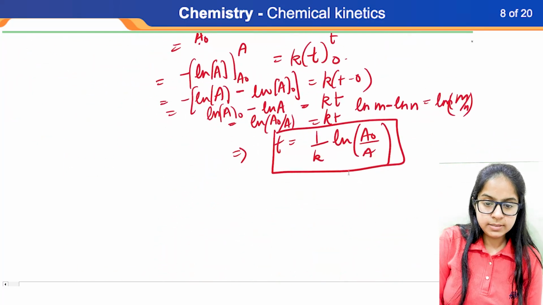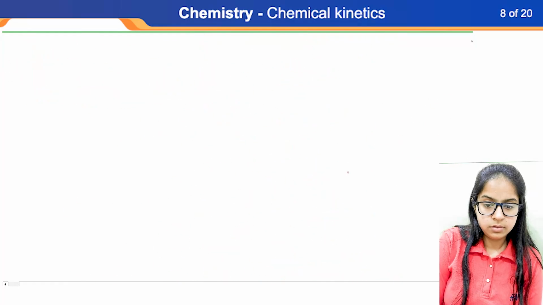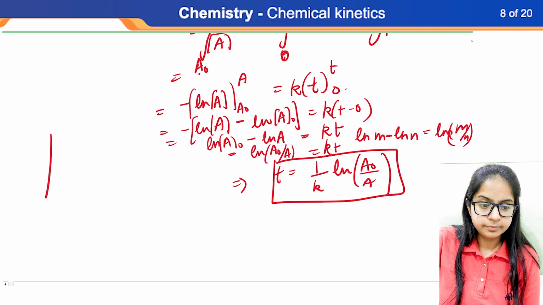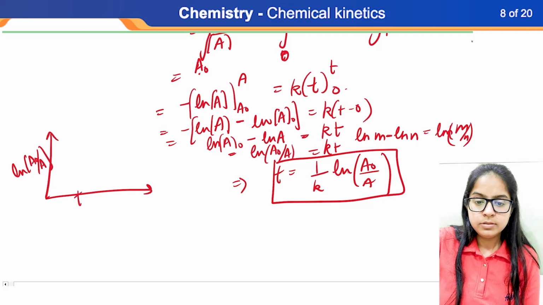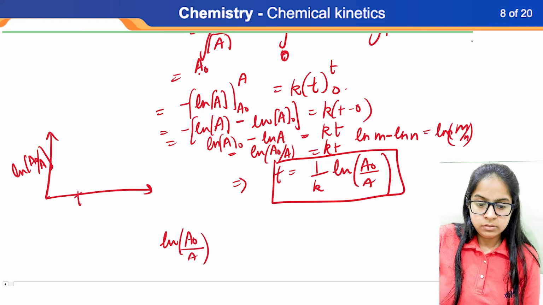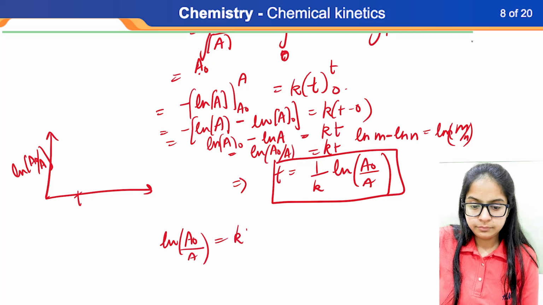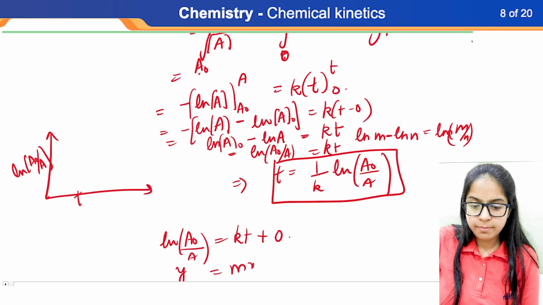Now the next plot is ln A versus T. So this is y is equal to mx plus c.